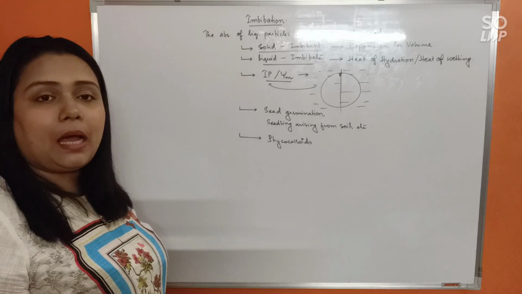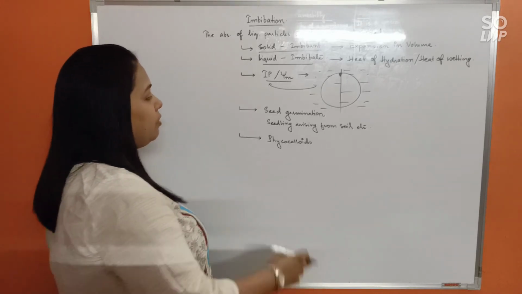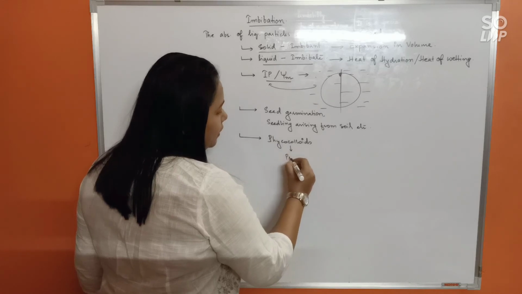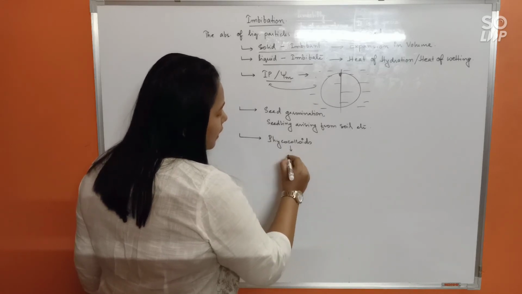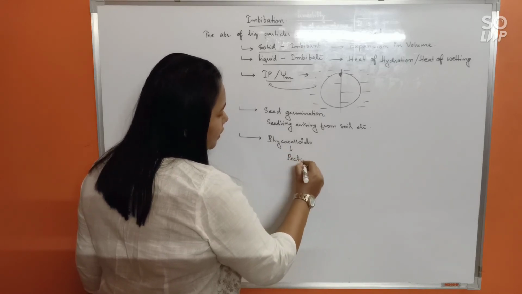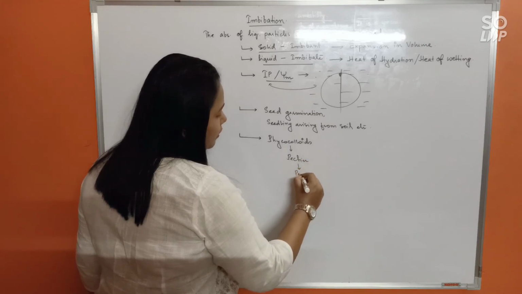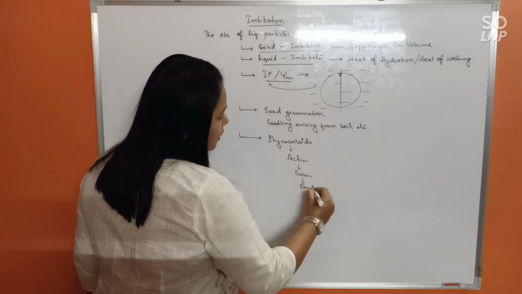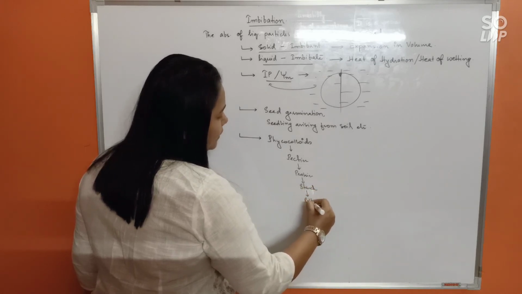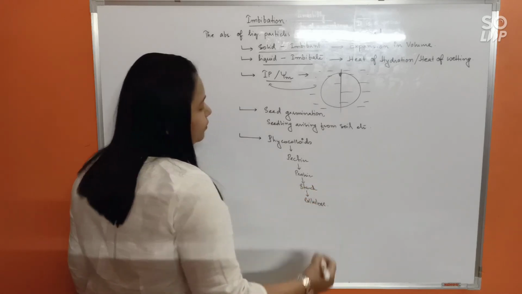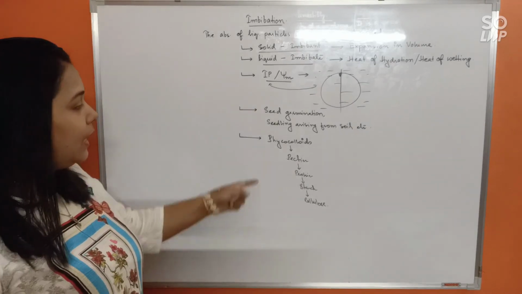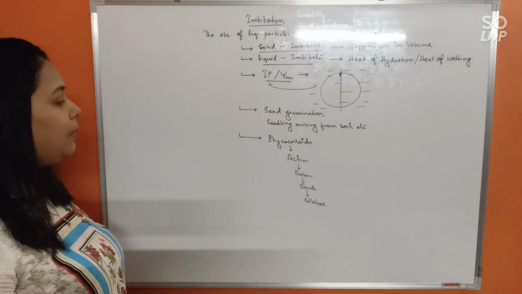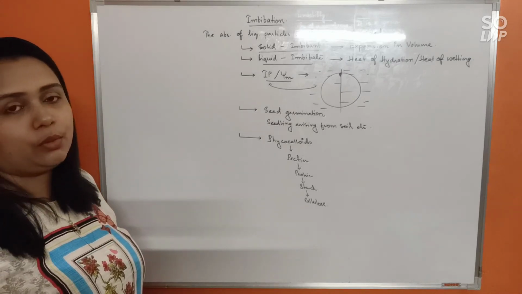So the best imbibant among the plant parts would be regarded to be phycocolloids, followed by pectin, protein, starch, and cellulose. Do remember this sequence. It's in descending order. The best being phycocolloid, followed by pectin, protein, starch, and cellulose.